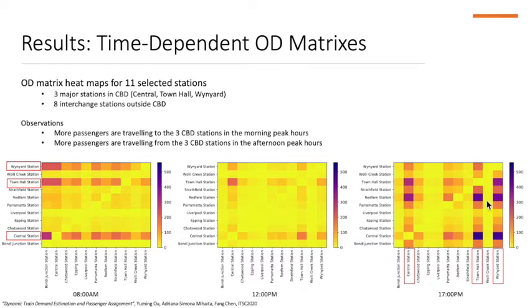On the other hand, in the afternoon peak hours, more people are traveling from the 3 CBD train stations, which shows the pattern that people are off work and going home.